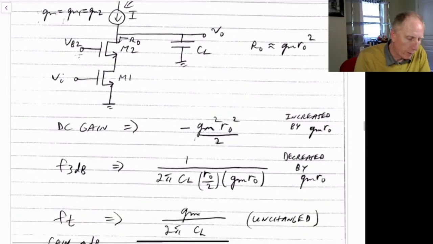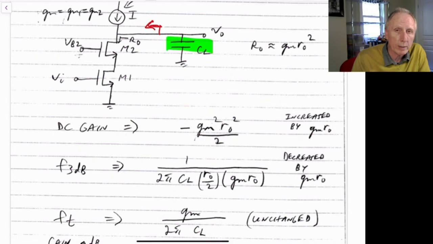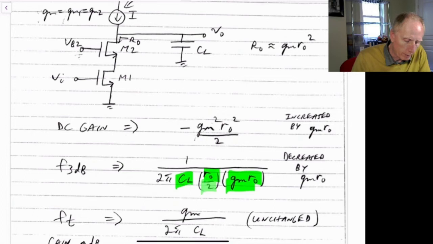Our 3 dB frequency now is going to be, again, based on the capacitance we see here, and we find the resistance across it, which is the resistance looking back into this node, gm R naught squared divided by 2. So we'll see that the 3 dB frequency goes as 1 over CL times gm R naught squared divided by 2.